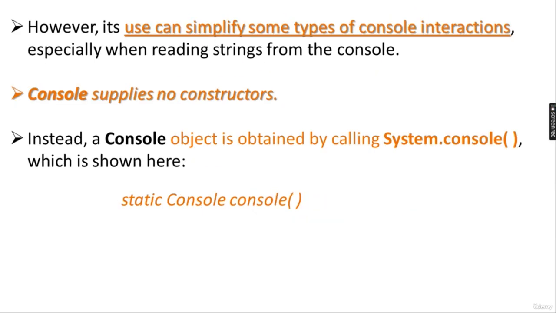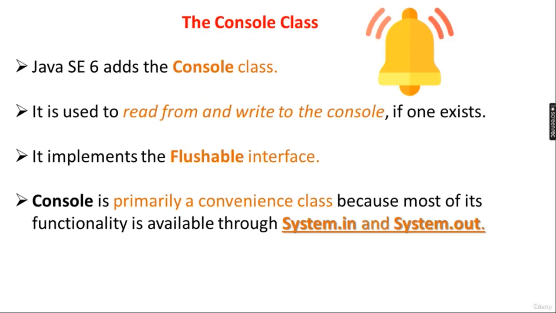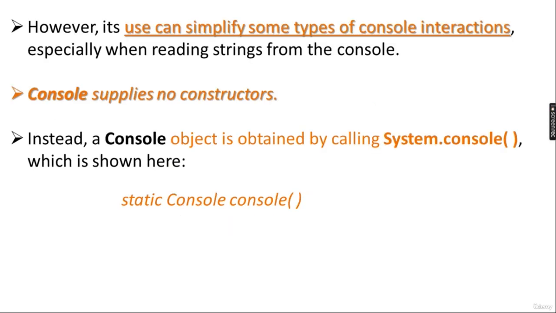You can simplify some types of console interaction, especially when reading strings from the console. System.in and System.out are the convenient methods we have been using since chapter 1 of this course. Console supplies no constructors and it is obtained from the System.console method.